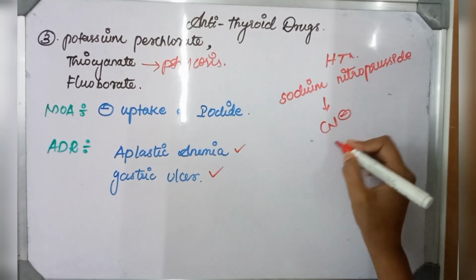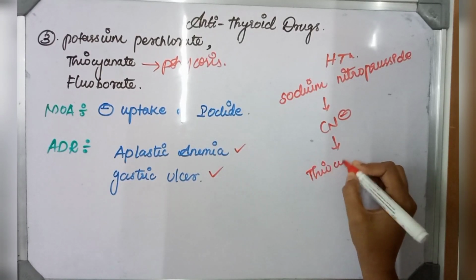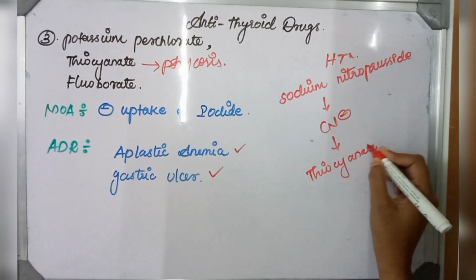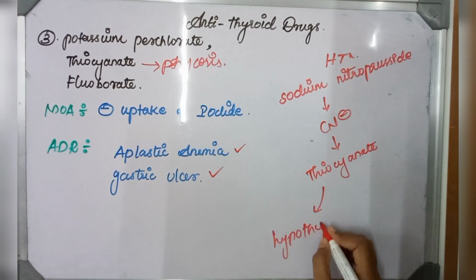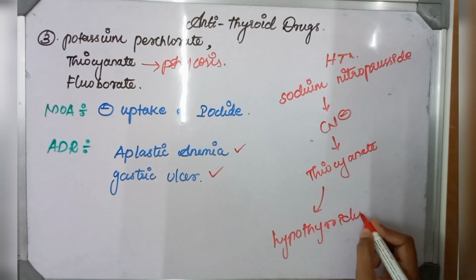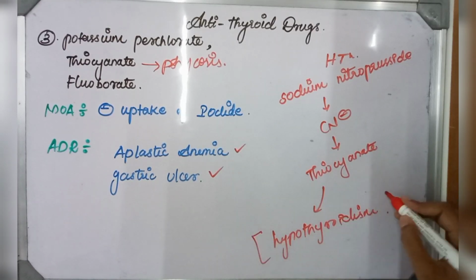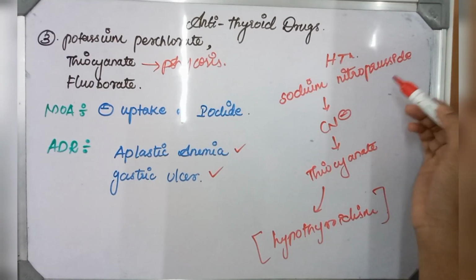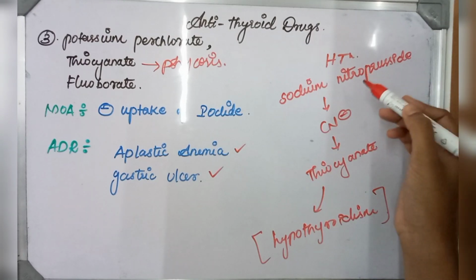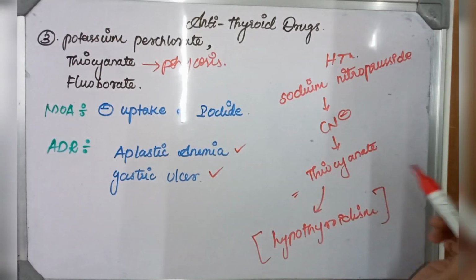This cyanide group tends to form thiocyanate, which causes hypothyroidism. So here is an interesting point: one who takes sodium nitroprusside for hypertension may develop hypothyroidism as an ADR, due to the formation of thiocyanate.